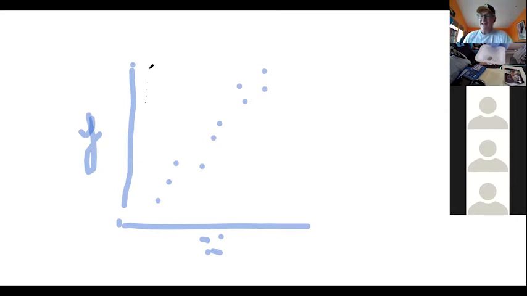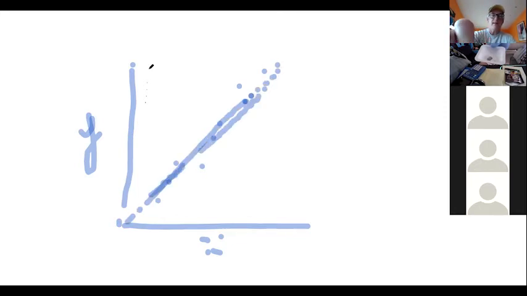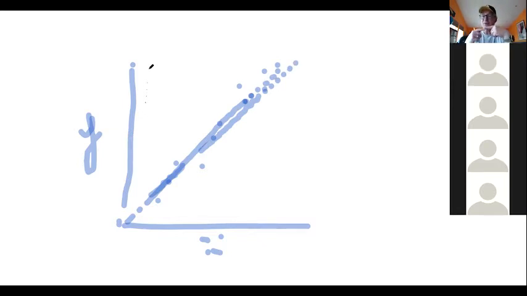And then our best fit line would be the one that goes through and basically has the smallest distance. If we added all the distances of all the points together from the line, that would be the line that gives us the smallest distance.